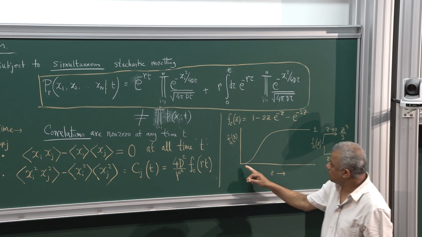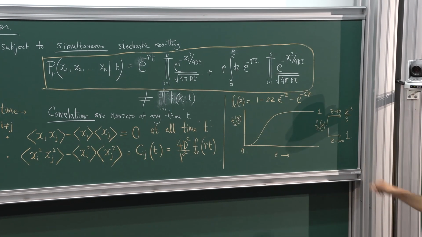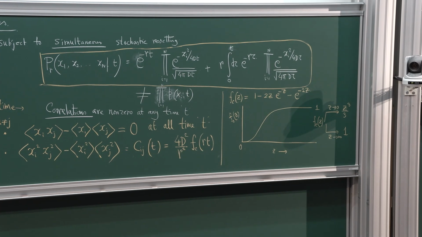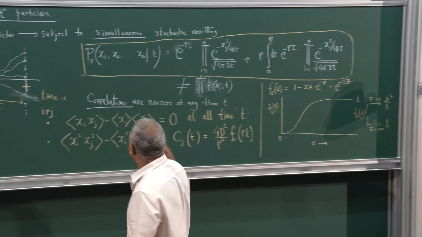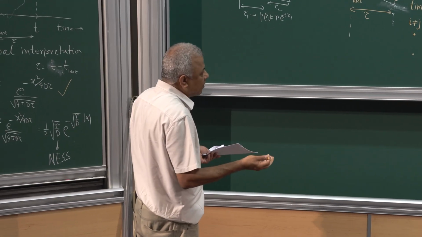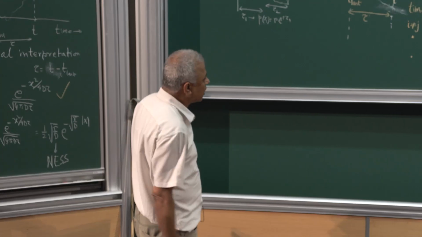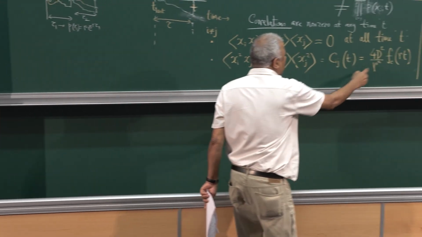But for small time, small z, it actually grows like z cubed over 3. Okay? So that means it goes like t cubed, time cubed. So you see that the correlations actually form and they are growing with time. And then finally they saturate at long times to some constant value, which is 4D squared over r squared.